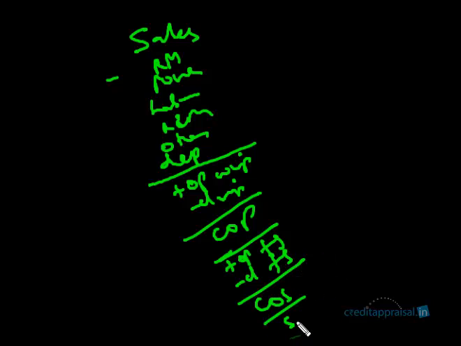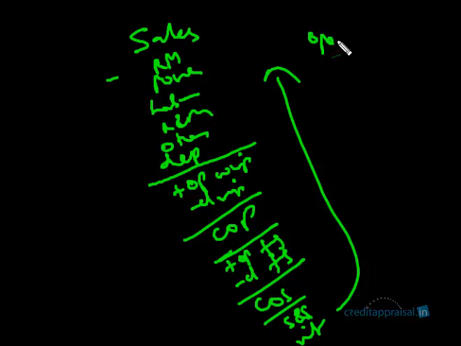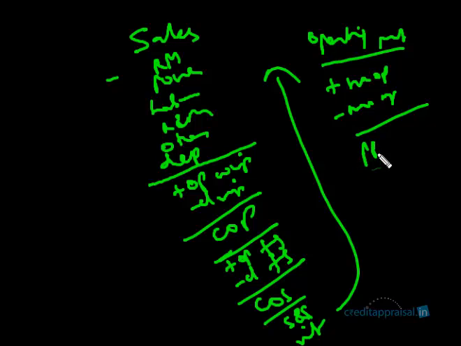From this we deduct selling and general expenses and interest, and we get what is known as operating profit. To this, plus non-operating income minus non-operating expenses, you get what is known as profit before tax. Then tax, and you get profit after tax. So this is the broad terminology.